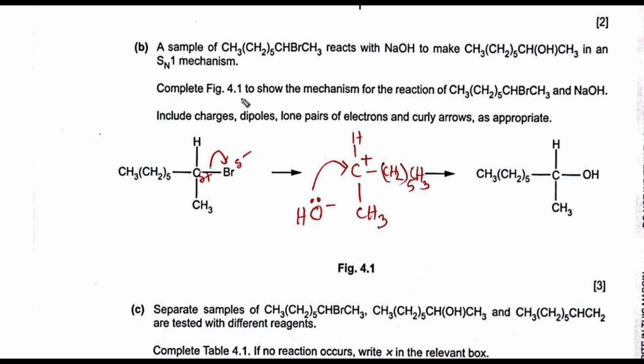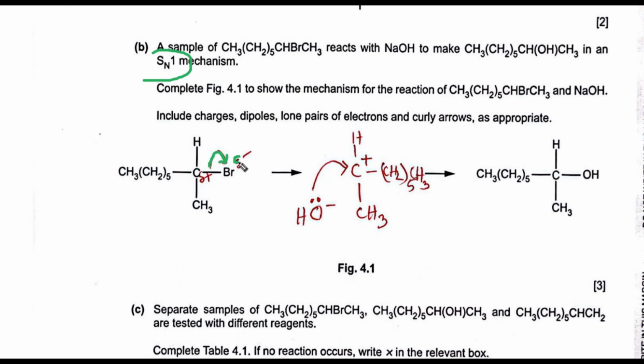So complete figure 4.1 to show the mechanism for this reaction, haloalkane with sodium hydroxide. You include charges, dipoles, lone pairs of electrons and curly arrows as appropriate. So you see SN1 mechanism, you know, the C-Br bond. Bromine is more electronegative, so electrons will move to the bromine atom.